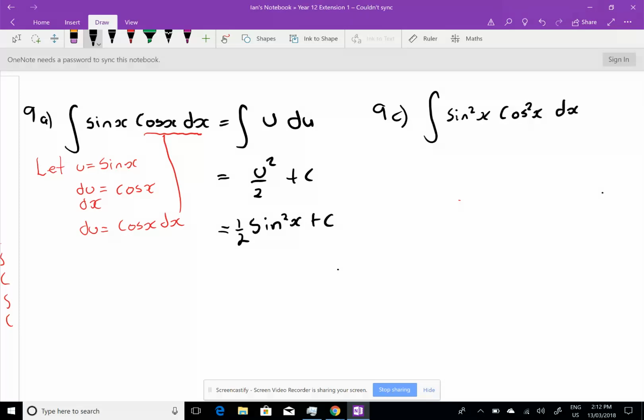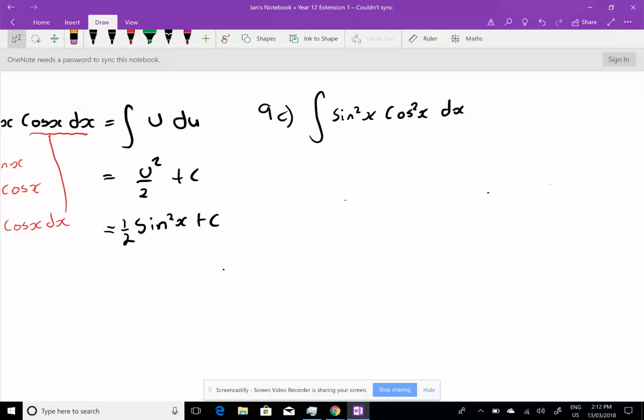Now there's a few things we have to be able to do. First of all, we need to know this law, and it's written on your formula sheet or your reference sheet: sine squared x plus cos squared x equals 1, which means we can write sine squared x as 1 minus cos squared x.